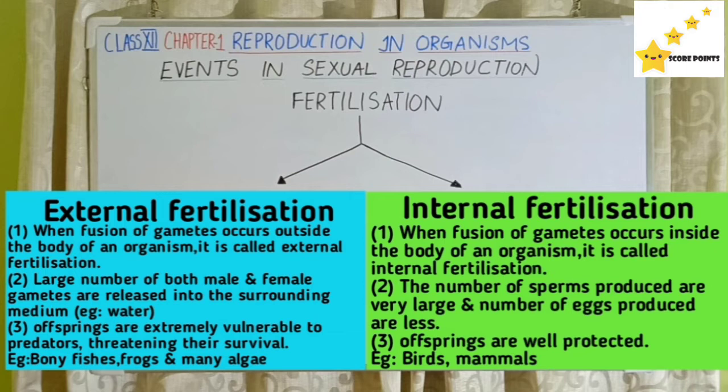In internal fertilization, the number of sperms produced is very large and the number of eggs produced is less. In external fertilization, the offsprings are vulnerable to predators threatening their survival. In internal fertilization, the offsprings are well protected and there is a better chance for their survival. Examples of external fertilization are bony fishes, frogs and the majority of algae. For internal fertilization, we have birds and mammals as examples.